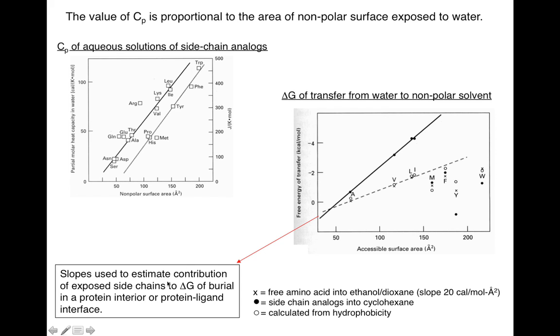You can appreciate that this is fraught with a lot of problems because these are not particularly linear relationships, and it depends on your reference solvent. So there are a lot of issues with this, but the qualitative idea is very strong that it is less favorable to have a nonpolar side chain in aqueous medium versus the inside of a protein.